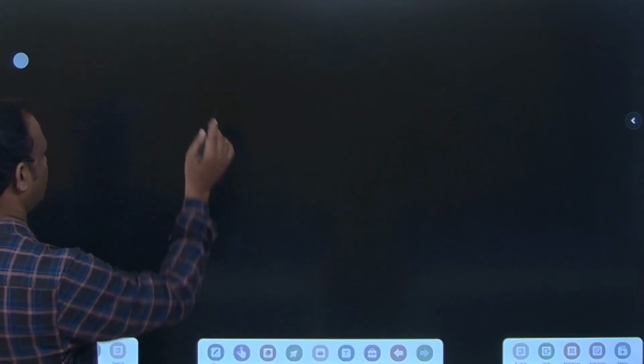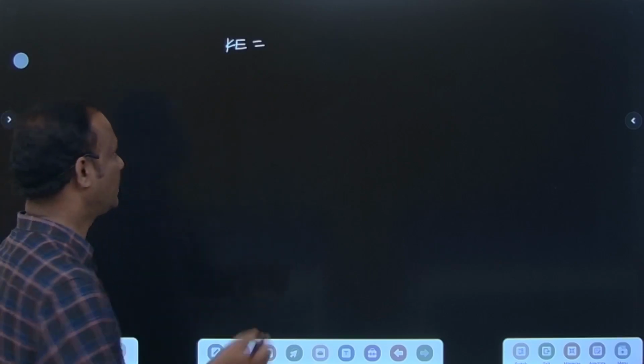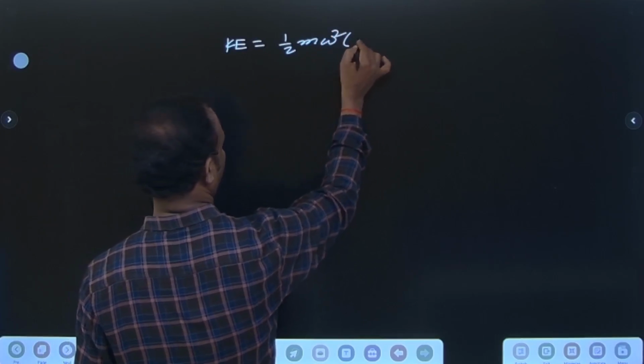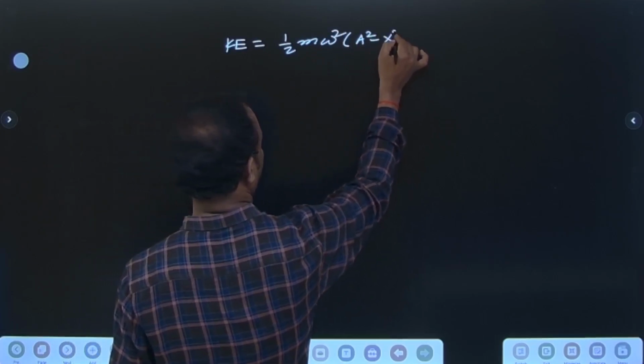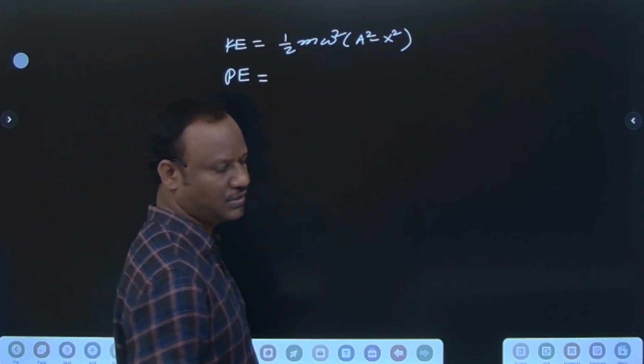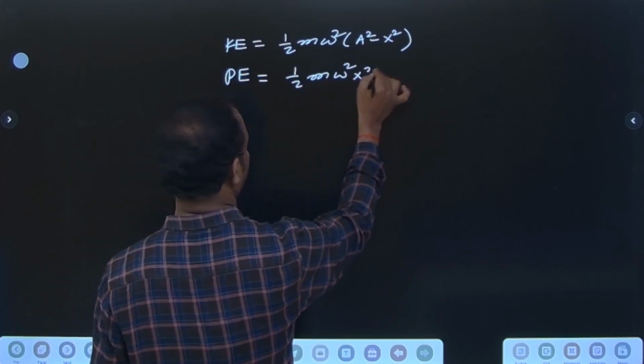Sir, for example, what is the kinetic energy? The general formula, kinetic energy is position dependent. K is equal to half m omega square times a square minus x square. Potential energy is half m omega square x square. Correct?